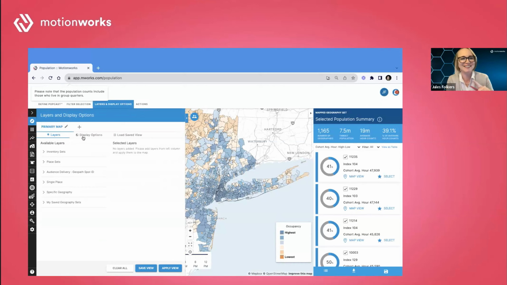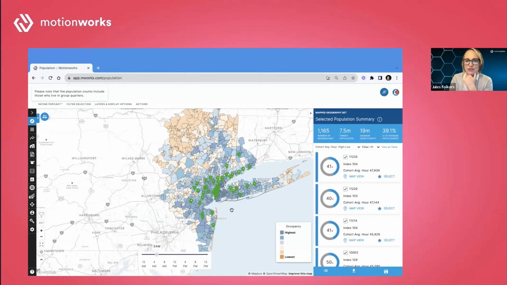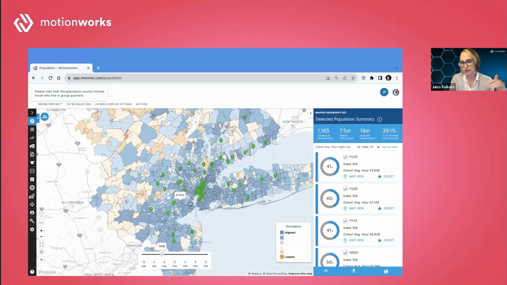Oh, one quick thing I didn't show you. In this example, you can pull in place sets as a layer. So I had Whole Foods as a particular retailer that might be interested in this particular target, and being able to see how a particular group of geographies overlays, again, to be able to compare and visualize and tell that story for a brand advertiser for all kinds of different reasons, for store location targeting.